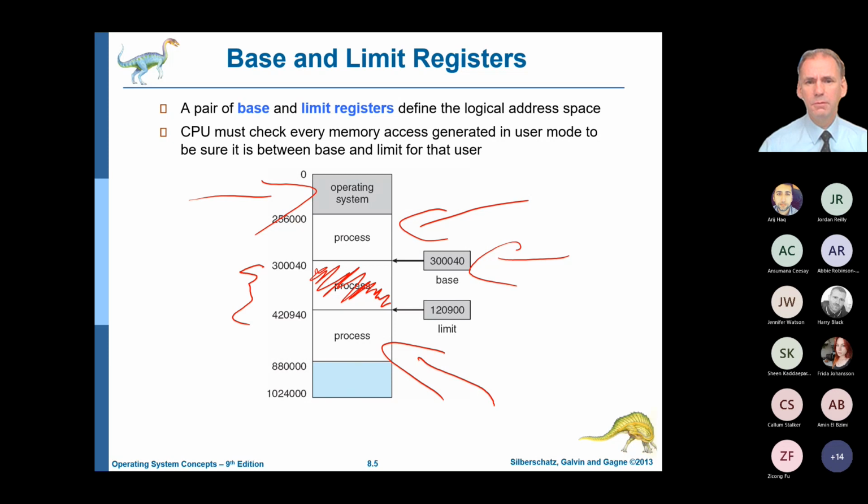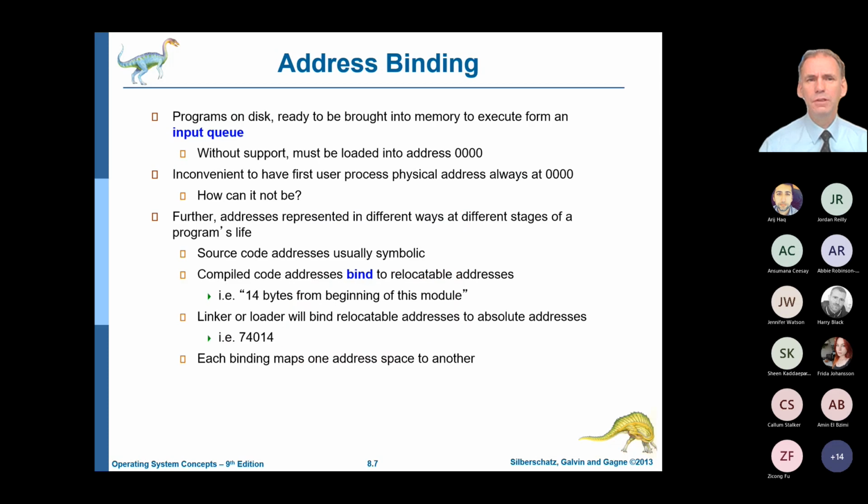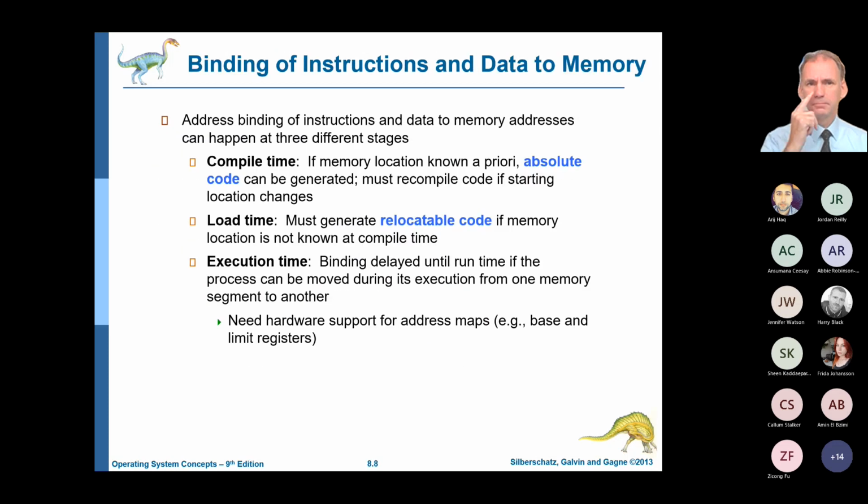So at compile time, that gets loaded in, and you take a note of where it is. And that's relocatable code. It doesn't matter if it's going to 880,000 or 100,000 or 567,203 because you're using these relative addresses.